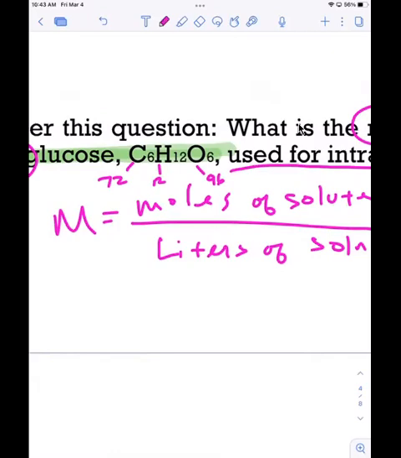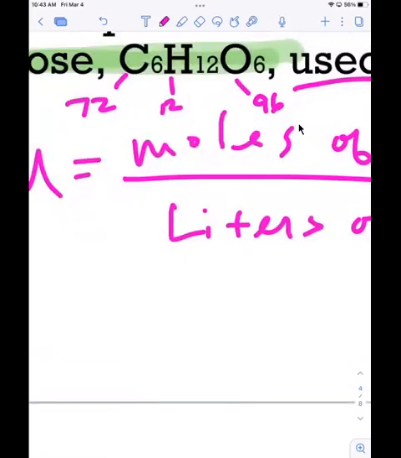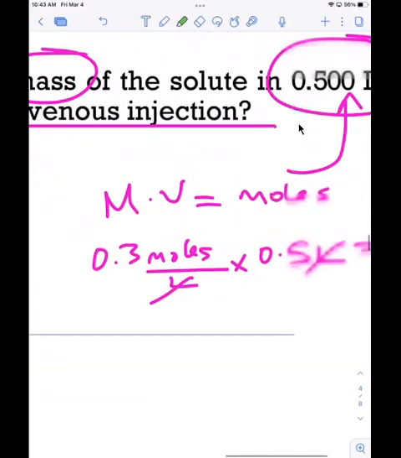Or 170? I got 180. 180? Yeah, 180. You're right. So this is 180 grams per mole.